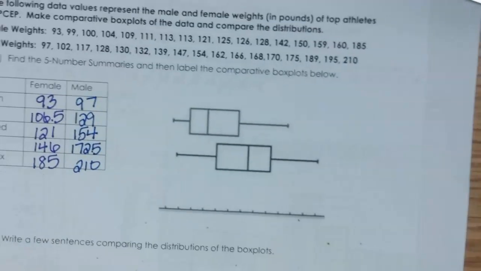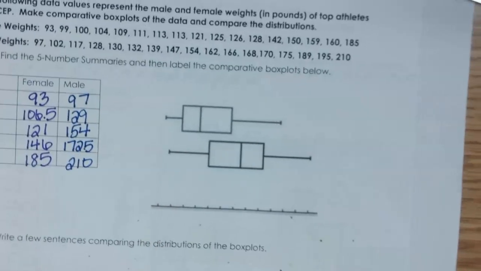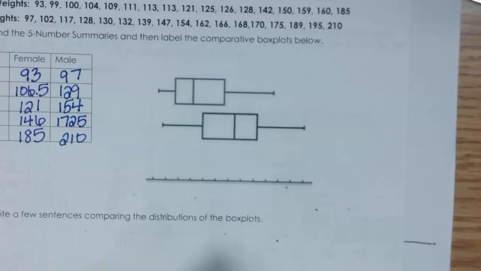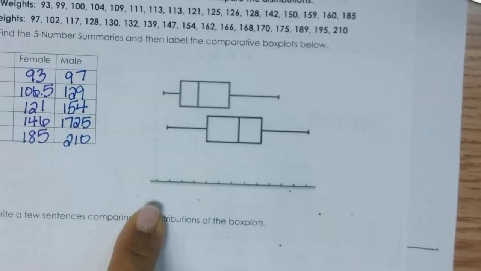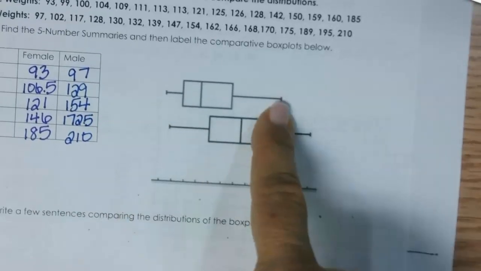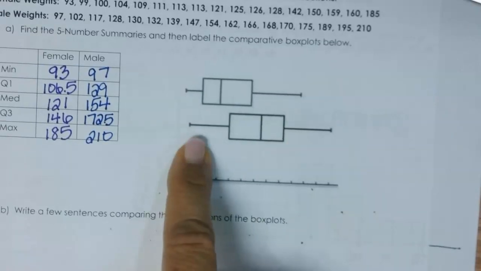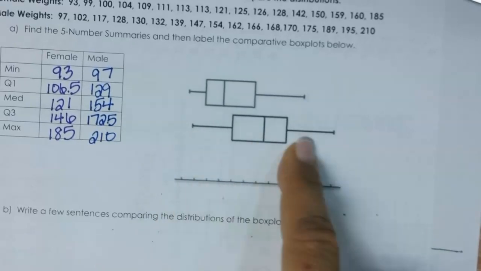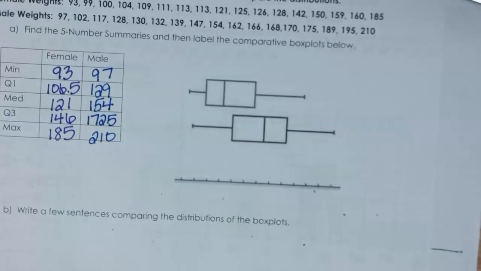Notice that I tried to put these box plots on here, and we can kind of see which one is which. We can see that the female one is only going to go from about 93 to 185, and the male one starts a little bit farther, 97 to 210. So I'll try to mark what these are here.